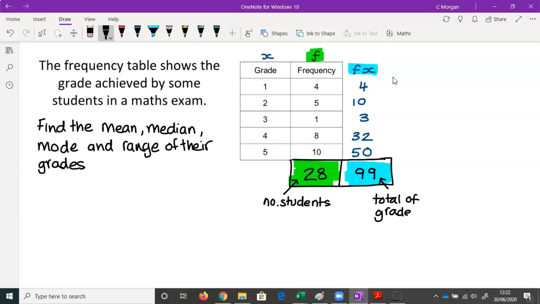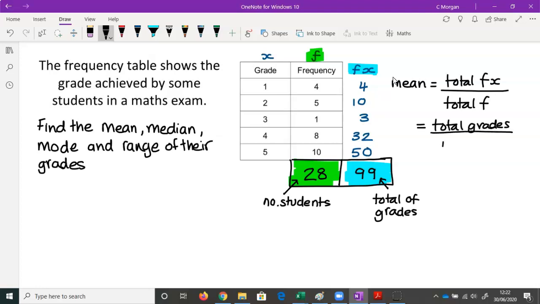So if I'm trying to find the mean from my frequency table, I always add up the Fx column, the total of the frequencies multiplied by whatever I'm measuring, this time grades, divided by the total of the frequencies. So in this question, it's the total of the grades divided by the total number of students.